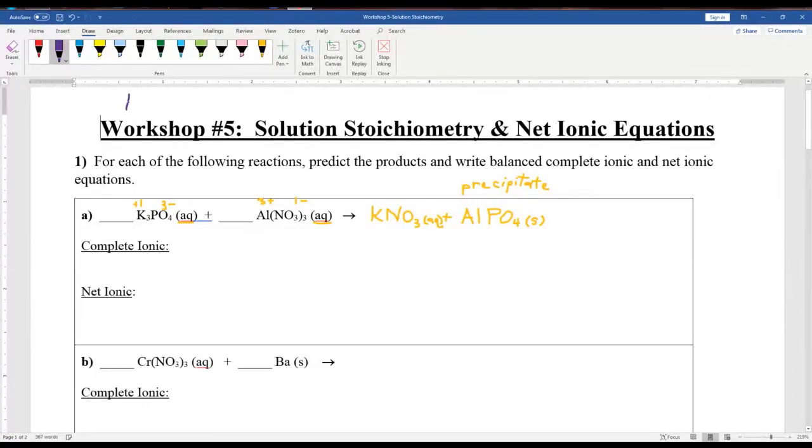Essentially, if you ever have H2CO3, which is carbonic acid, as a product in a double replacement reaction, this aqueous acid is very unstable, and it will oftentimes just break down into carbon dioxide, which is CO2 gas, and water.